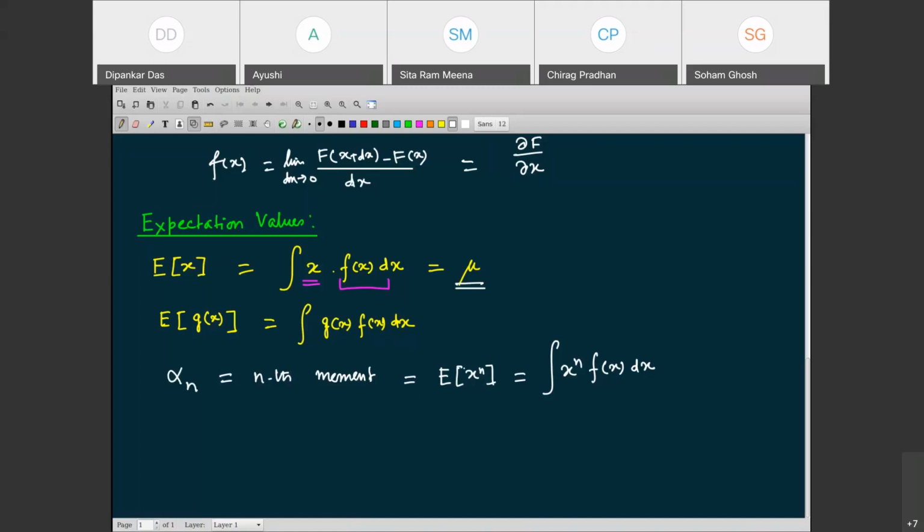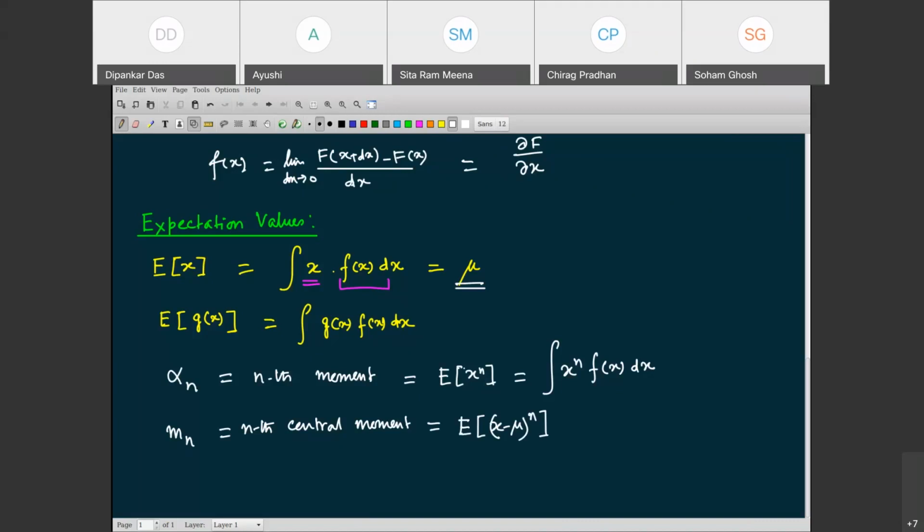Now that's why it is often useful to define something called the central moments, which I will denote by Mn. This is the nth central moment. That is basically the expectation value of (x minus mu) to the power n.